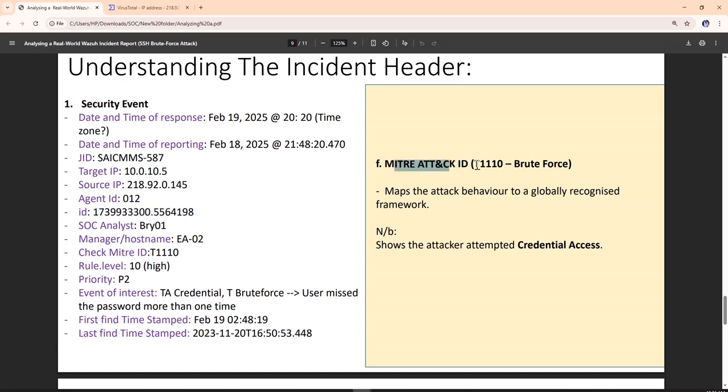For MITRE tactics, you're going to be doing an extensive study on this particular framework because it is going to enhance your knowledge of threat hunting, and help you know when, why, and where the threat is coming from, or where it's going to, or where it is at a particular time.